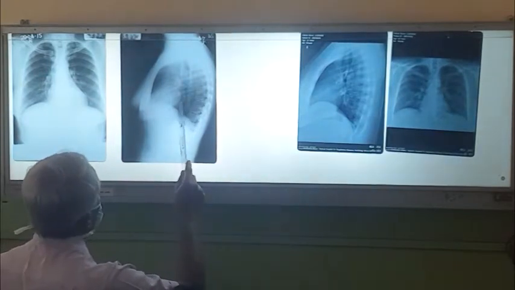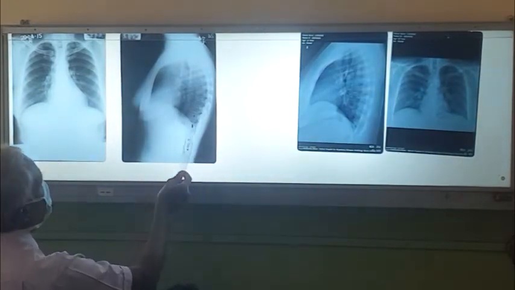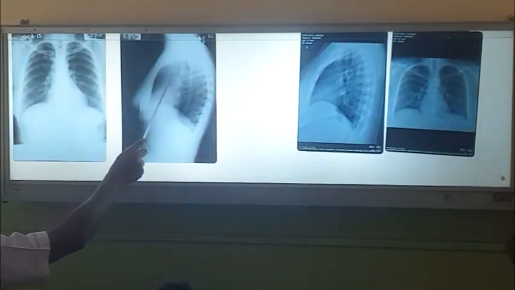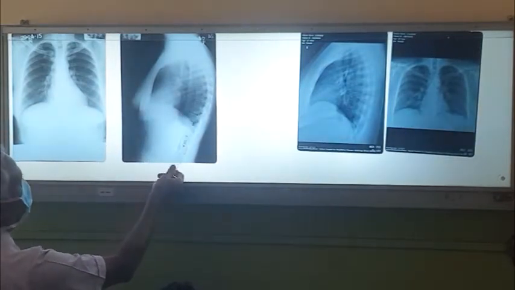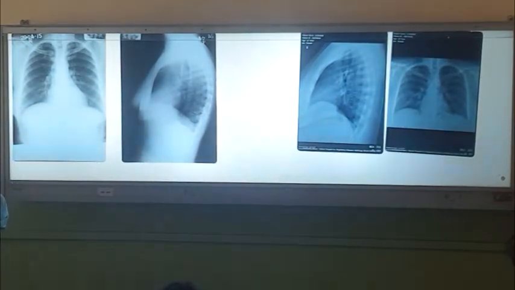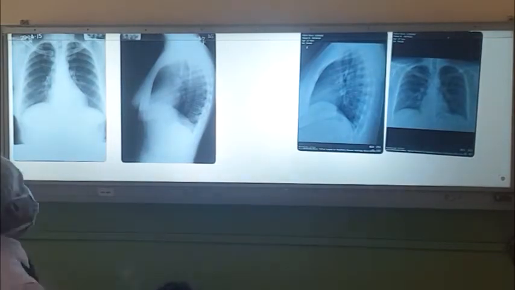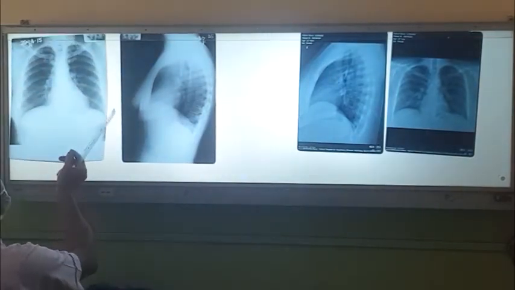If this has disappeared and this darkness is there, you will think something in the anterior segments of the upper lobe or mediastinum, right? If this darkness is there and everything is whitish here, something is wrong in the basal, left or right, right? So these are the normal appearances of a chest X-ray. Then I will go through various abnormalities. So just remember the normal appearance.